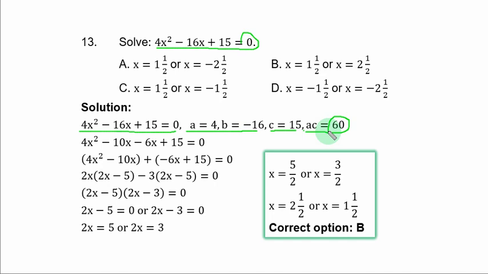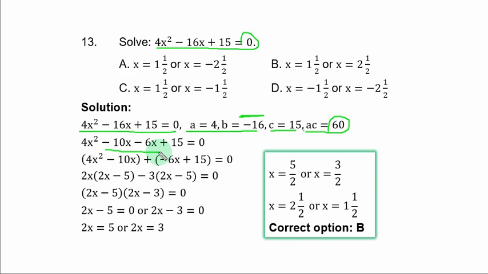So you get two factors of 60 whose sum is minus 16 and whose product is 60. Such factors must be minus 10 and minus 6. So you write minus 10s minus 6s in this form and replace the middle term with the factors.